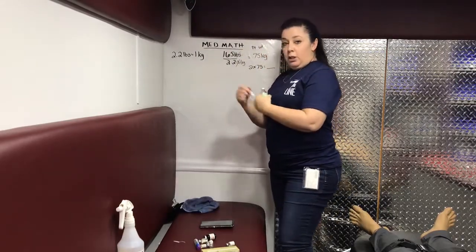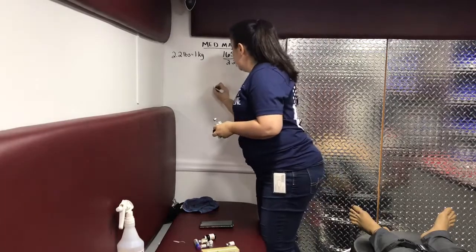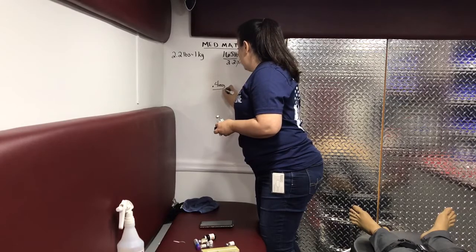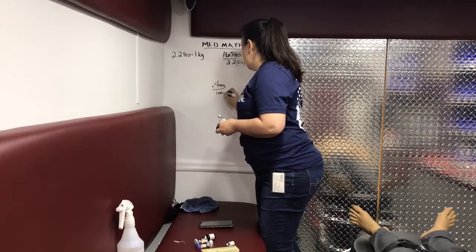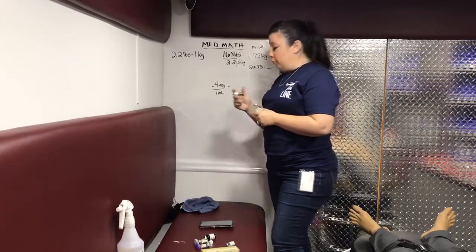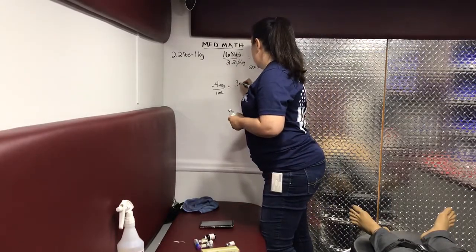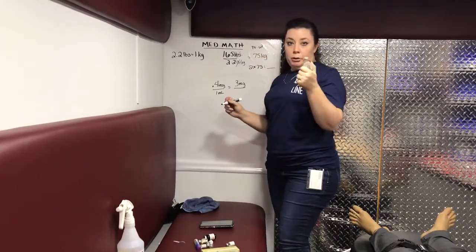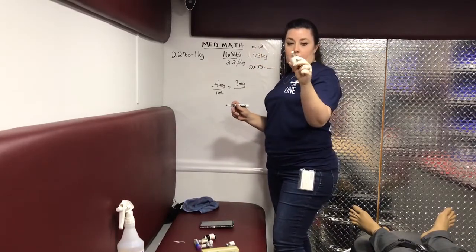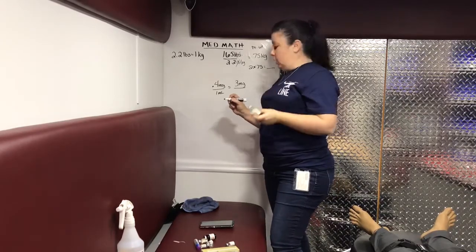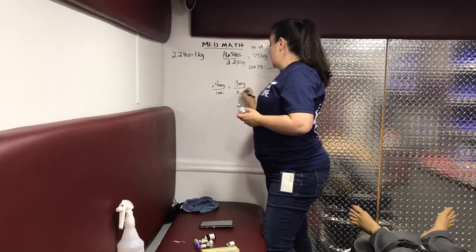So I'm going to put the concentration of my vial over here. 0.4 milligrams per 1 ml. We need to give our patient 3 milligrams. And I need to know how much fluid, how much volume to pull out of this vial to give to my patient in a syringe. So that's going to be our X because that's what we need to know.